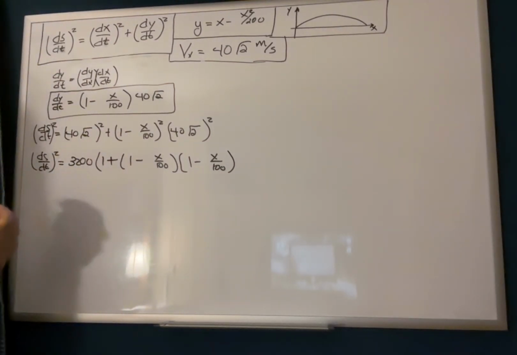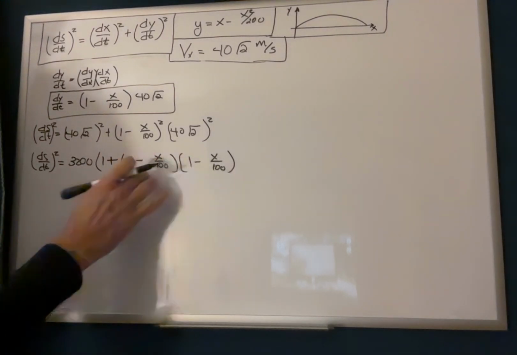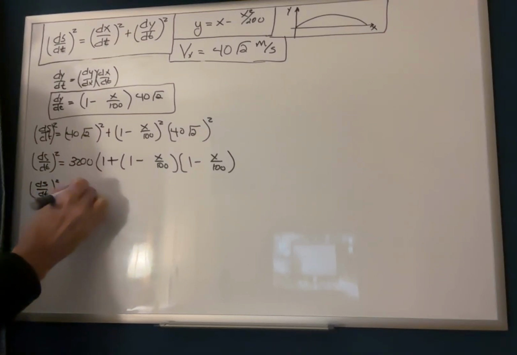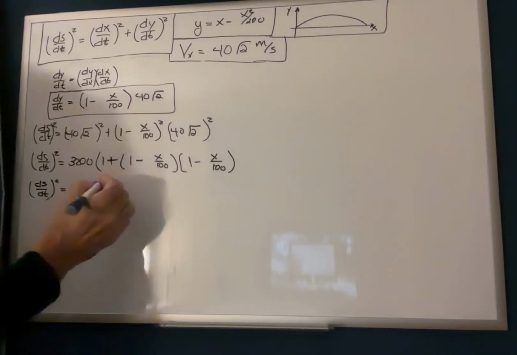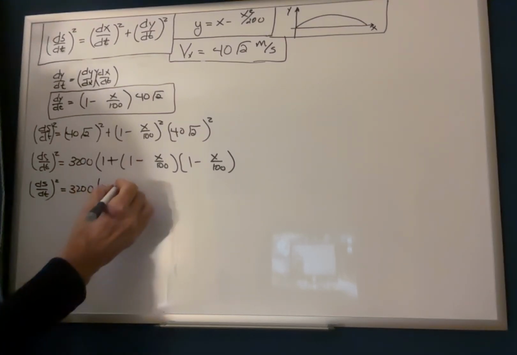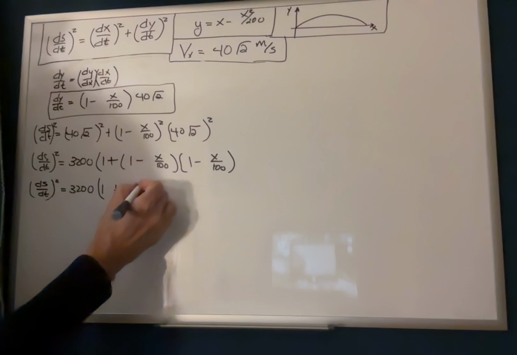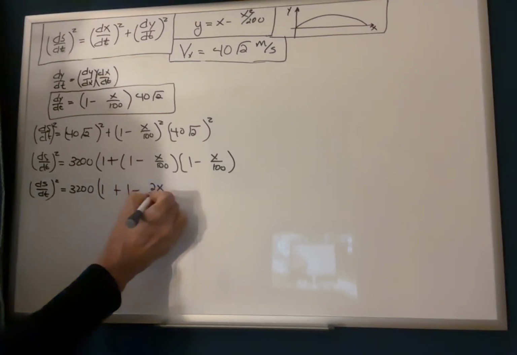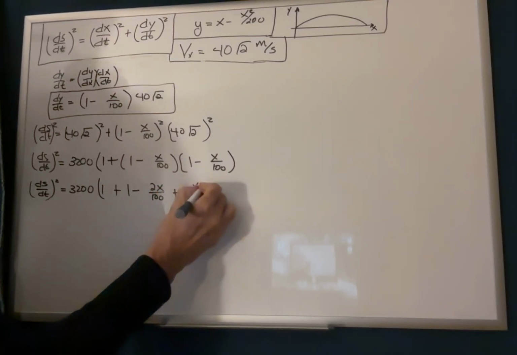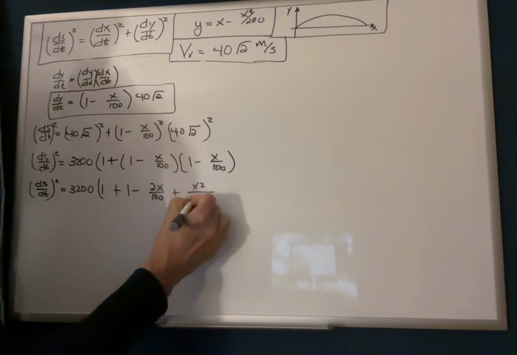All right, let's keep on going with the algebra. So what we want to do is multiply this out. So (ds/dt) squared is going to be equal to 3200 times 1 plus 1 minus 2x divided by 100 plus x squared divided by 10,000.